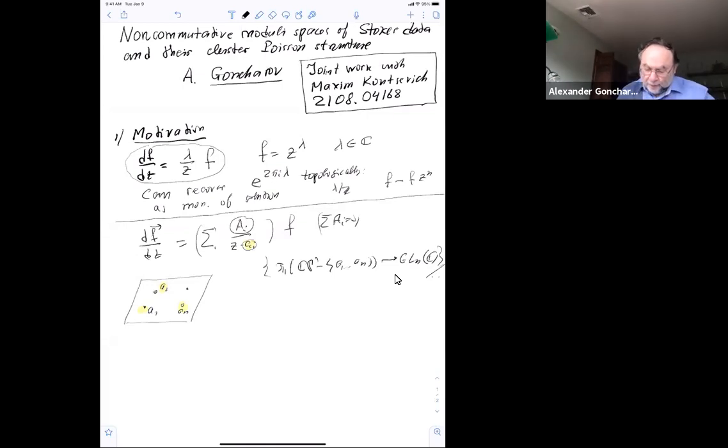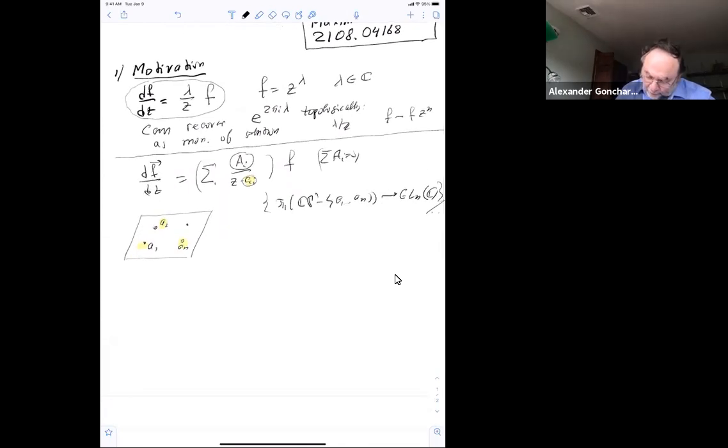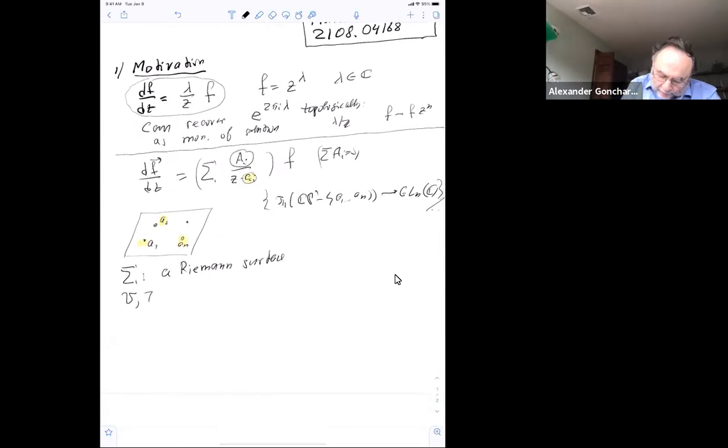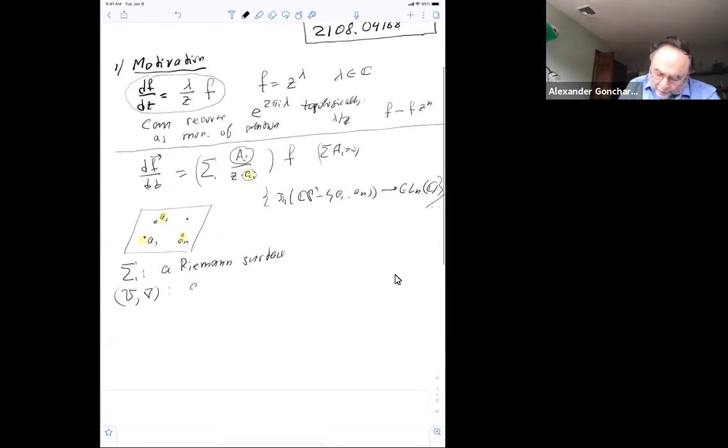And so we come to the following picture, that in general, we have Sigma, a Riemann surface. And then we have a differential equation, which is a vector bundle on Sigma, where Sigma has punctures, with a meromorphic connection.